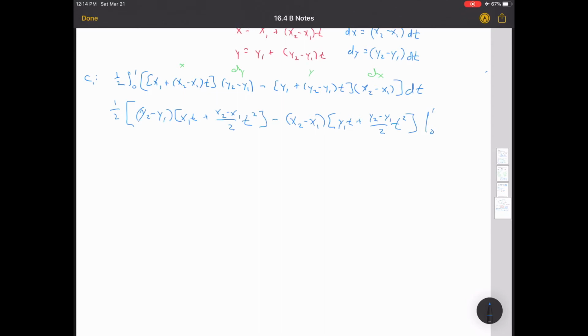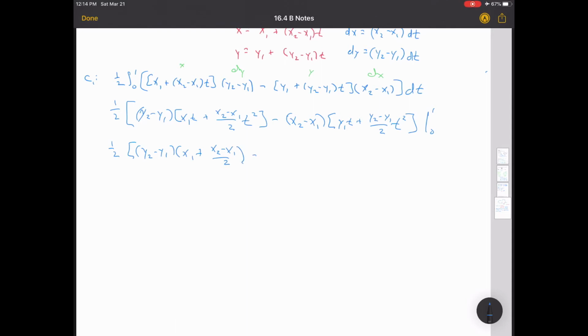And again, keep in mind what you're actually plugging in the zeros and the ones for. So let's plug in 1. 1 gets plugged in for t. So again, y2 minus y1 stays there. If I plug 1 in for t, I get x1 plus, plugging a 1 into the t squared also gives me 1, so it's x2 minus x1 over 2.